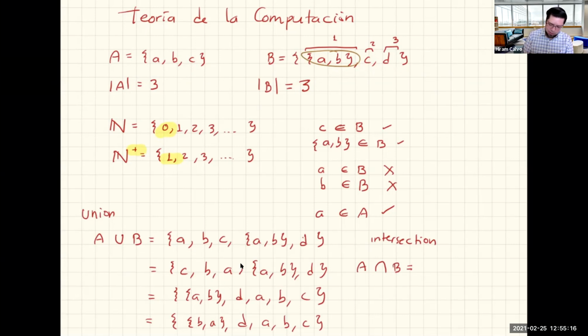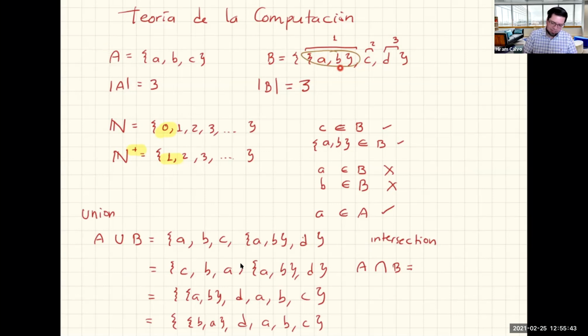On purpose, I have written this subset here so that you are conscious at all times that A and B cannot be taken out of this bag. You can imagine sets as bags. If I have A and B inside this bag, I cannot open the bag to work directly with the elements in it. So I cannot say A and B are common to this set and this set.